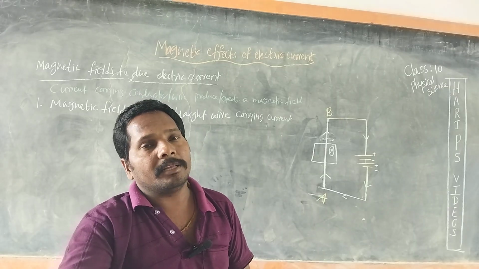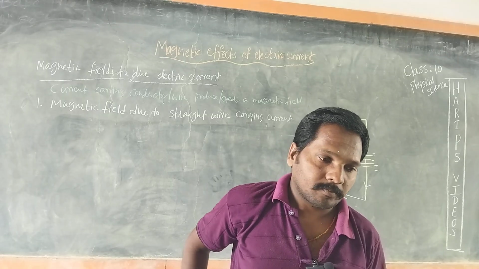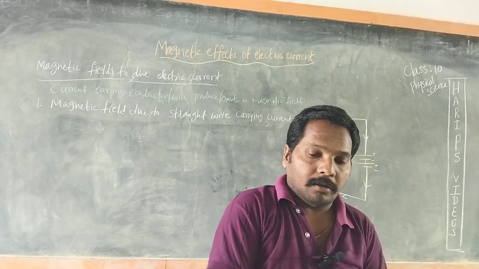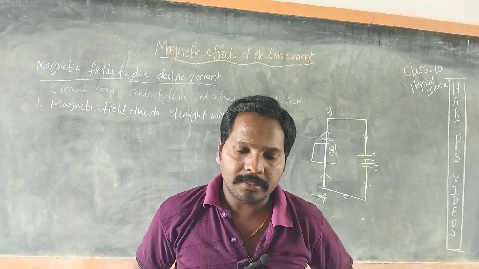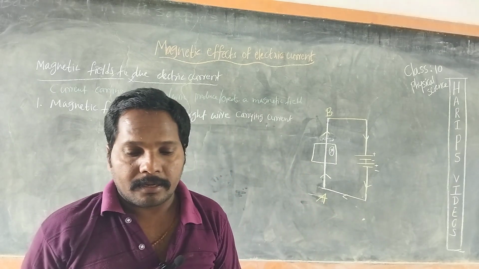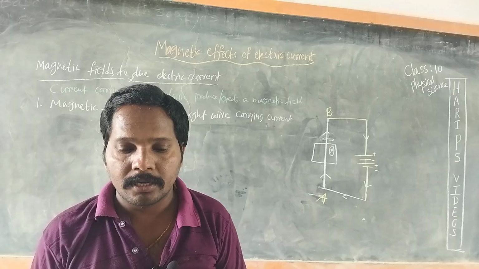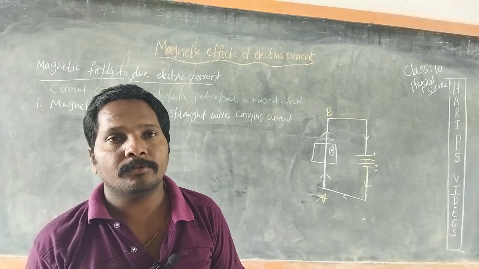The magnetic field is formed because of the magnetic effect of electric current. The magnetic field lines around a straight current carrying conductor are concentric circles whose centers lie on the wire.